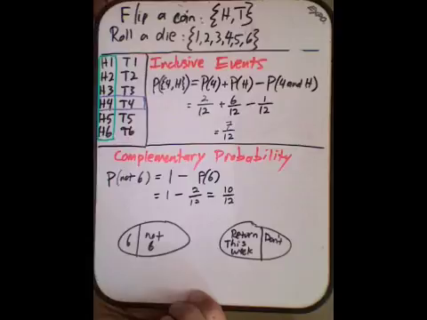I call this the big potato. Either I get a 6 or I don't get a 6. That's the whole potato. There's nothing else possible, right? What else can happen? I mean, either I get a 6 or I don't. Another example, either I return to Tana this week or I don't. And the probabilities of those two things have to add to 100%.